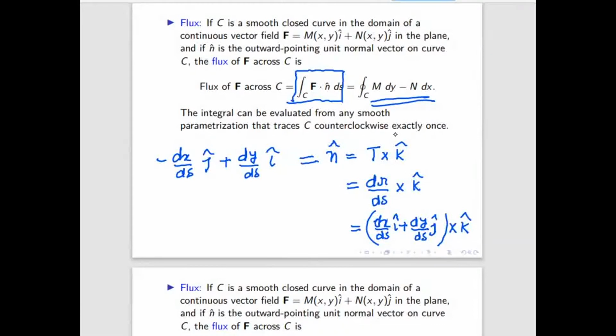So this normal dot product with this F is given by this one. So what is the dot product F dot n? F is this one, n is this one.